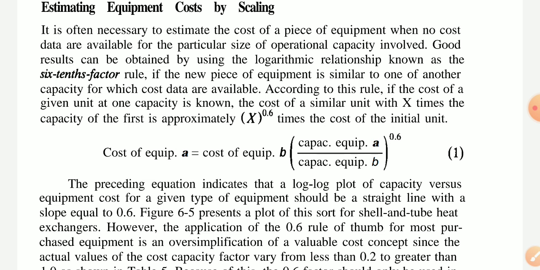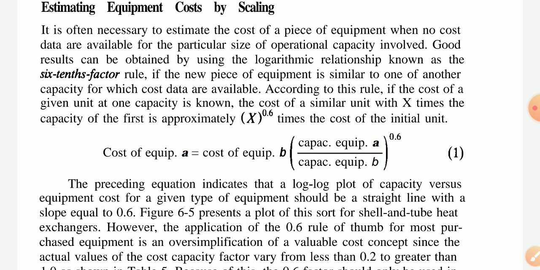If the new piece of equipment is similar to one of another capacity for which cost data are available, according to this rule, if the cost of a given unit of one capacity is known, the cost of a similar unit with x times the capacity of the first is approximately x raised to 0.6 times the cost of the initial unit.